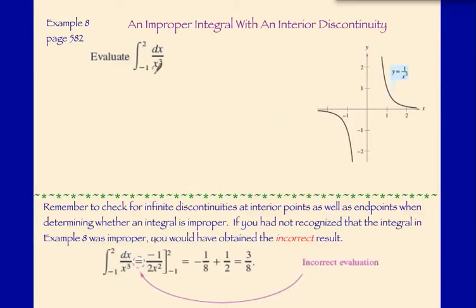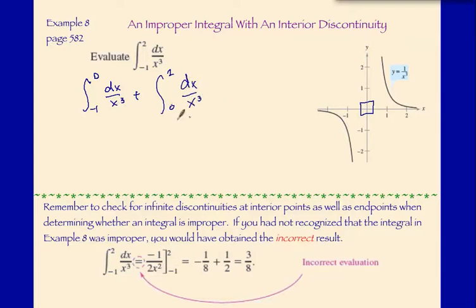Example 8 on page 582, an improper integral with an interior discontinuity. Hidden within this little function is an asymptote at 0. And so we're going to have to divide this into two different integrals. Since 0 is the problem area, we're going to call this the integral from negative 1 to 0 of dx over x cubed, plus the integral from 0 to 2 of dx over x cubed.